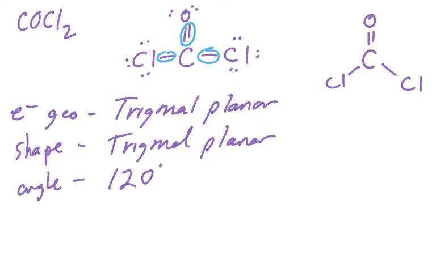The next is SO2. So these are some of the examples that we did together already. This is a sulfur, the lone pair, 2 double bonds to oxygen, each with 2 lone pairs. So how many electron groups? 1, 2, 3.